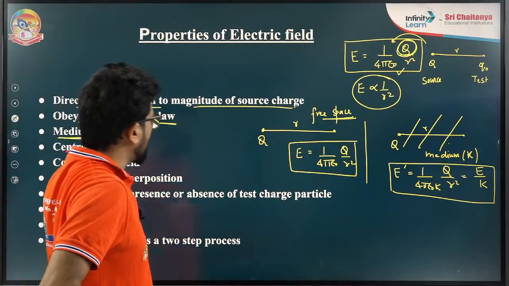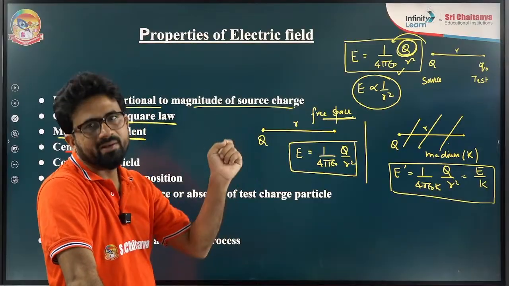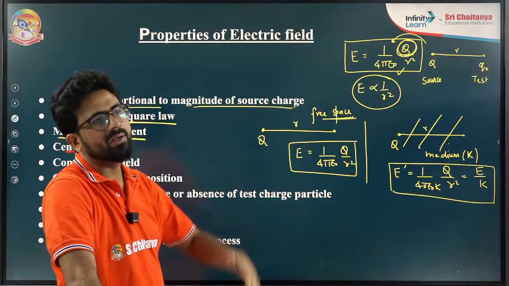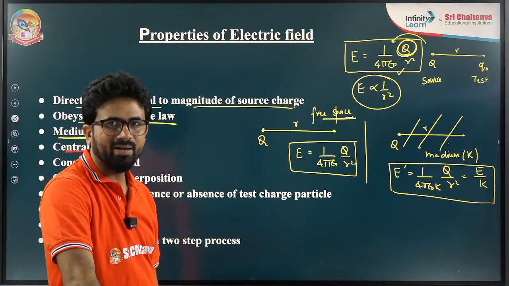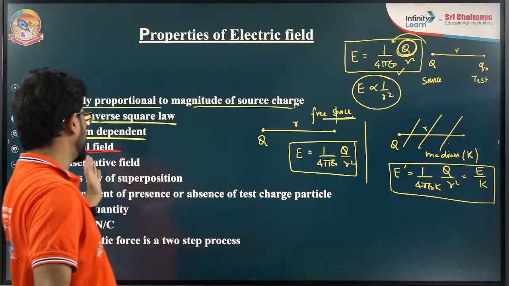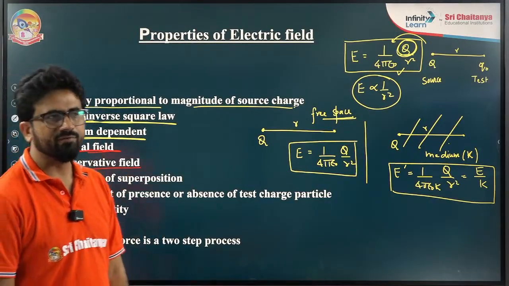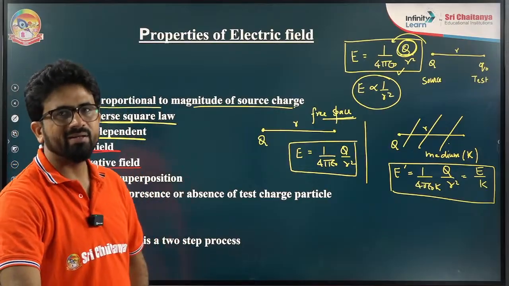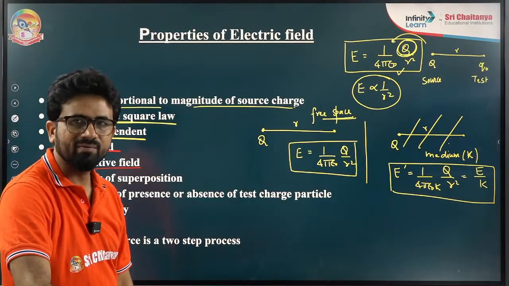That means this field is along a line joining a fixed point. Along that line only this field is going on. So this field is also a central field, just like the central force we have seen. It is also a conservative field. Just like conservative force, this field is also conservative in nature.